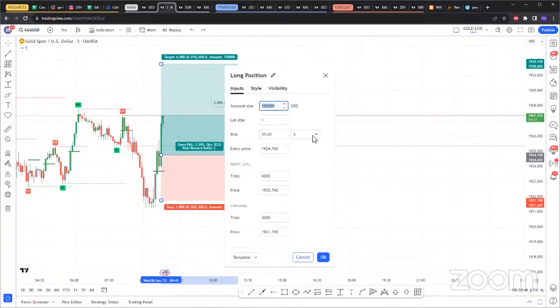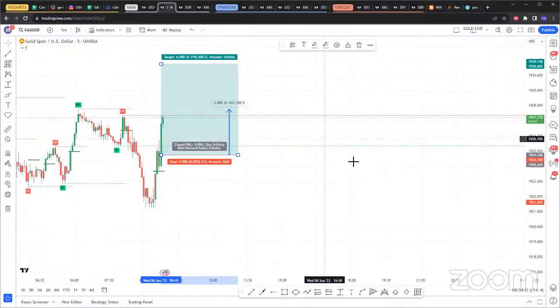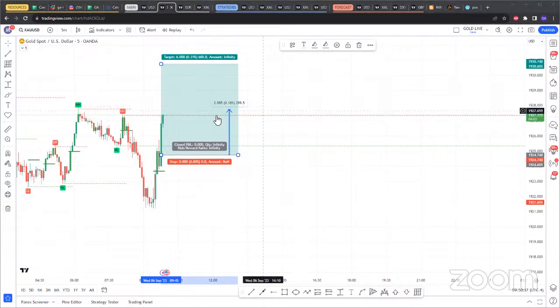So for this one, I'll just go ahead and set break even. So keep in mind 0.75% risk. So if we win this, that's a nice 1.5% return.